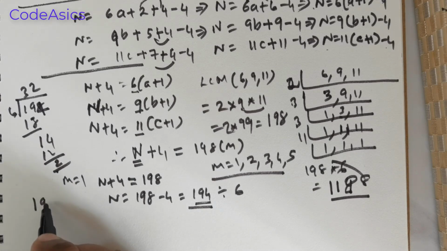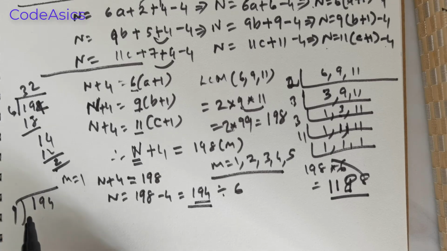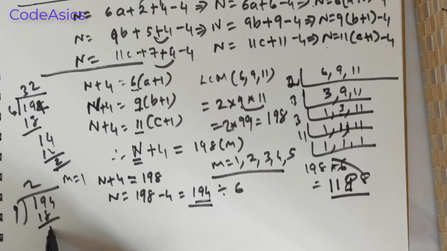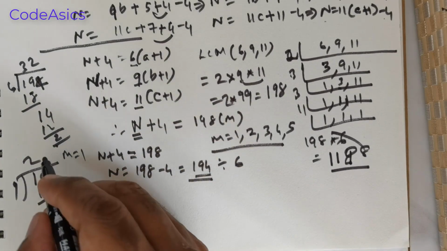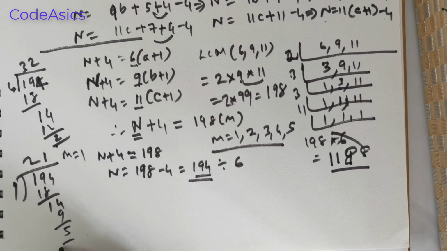Now let me check when 194 is divided by 9. 9 2s are 18, you got a 4, and 9 1s are 9, the remainder is 5. So this is exactly what we wanted.